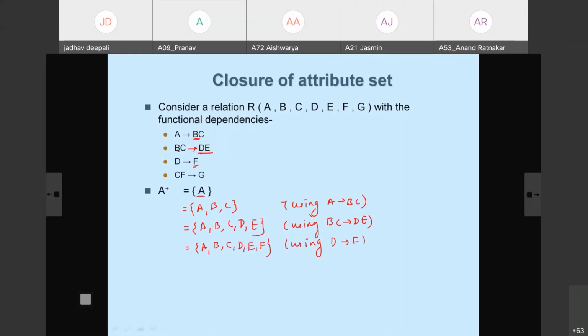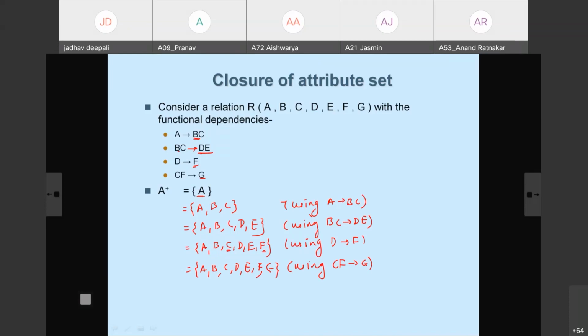Now the last functional dependency is for G. Check whether both C and F are in the result. Yes, both C and F are already in the result, and that's why using the functional dependency CF tends to G, we add A, B, C, D, E, F, and now G. Now this is the end; all four functional dependencies we have considered here.